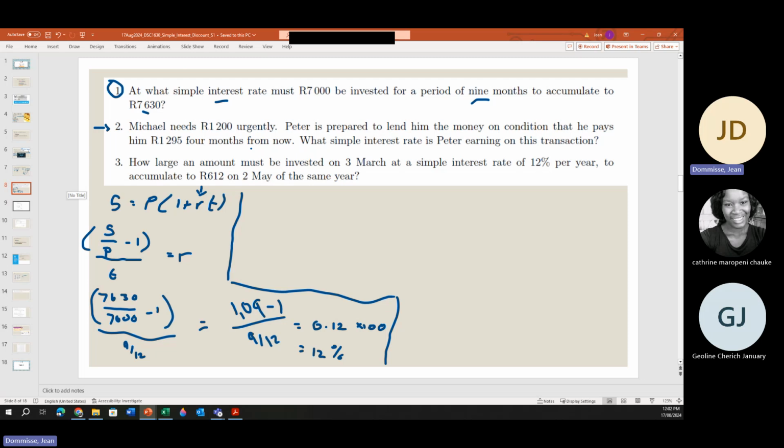But basically the same process. They talk about his principal value, they talk about his future value. It's 4 months from now, and they want you to work out what the simple interest rate is. You will work it out exactly the same as the first question.